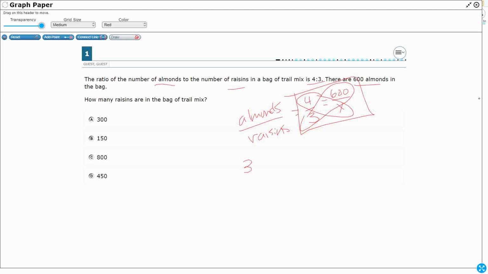So that means 3 times 600 equals 4x, if x is the missing number of raisins. So that's 1800 equals 4x. Let's divide both sides by 4, because that's going to negate those two, and give me x equals 4 into 1800. 4 goes into 18 4 times.